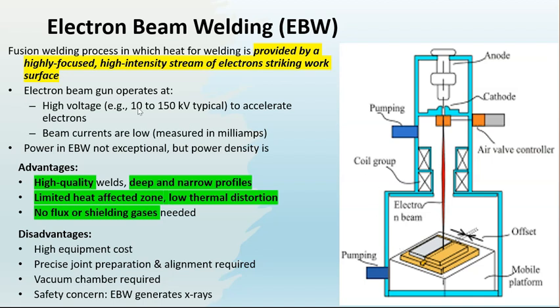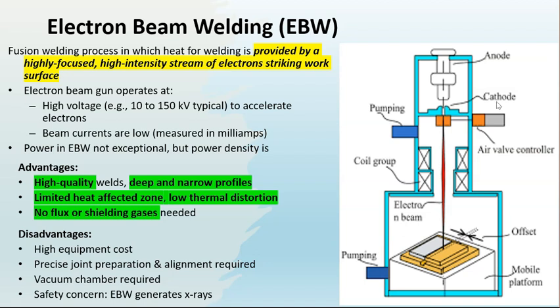It involves a high voltage to accelerate the electrons. The advantages of this process are high quality, a deep and narrow profile, a limited heat affected zone and lower thermal distortion, and no flux or shielding gas needed.